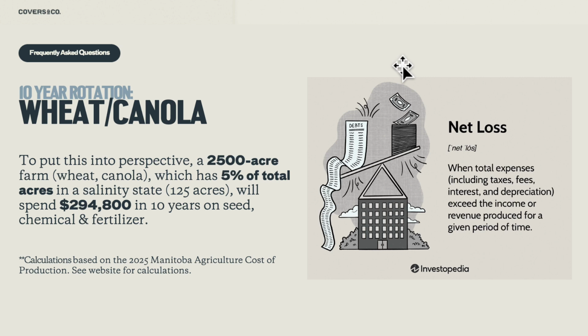So if we looked at those values of just shy of $2,400 an acre over a 10-year period at 5% of that 2,500 acre farm, that's just shy of $300,000 in 10 years that we're going to be applying through seed, chemical, and fertilizer to these areas and getting absolutely nothing out of them.